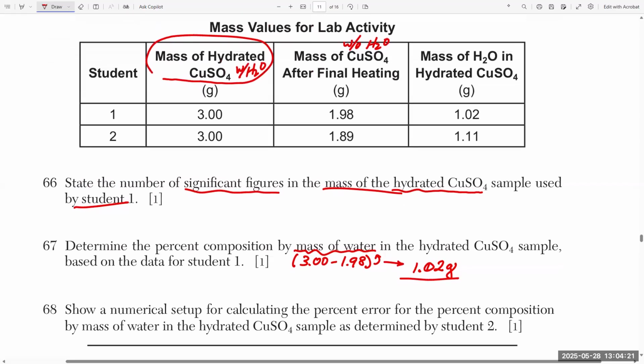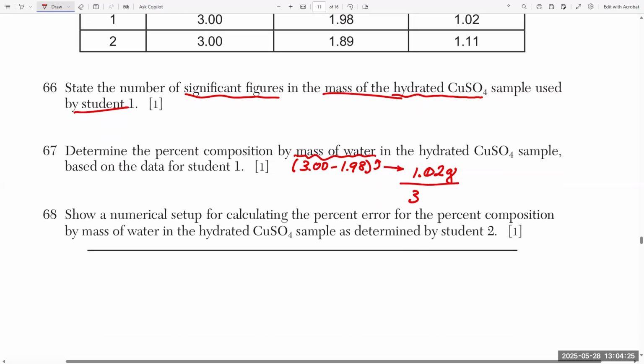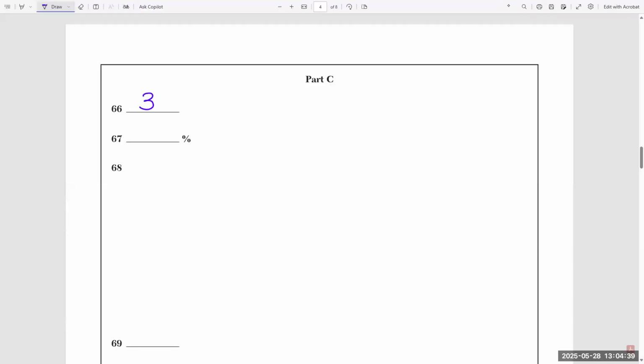Which is mass of the hydrated copper sulfate, right? So that would make it 3.00. And remember, it's times 100, right? And that should come out to a value of, I think, 34.0, right? All right, so let's continue.